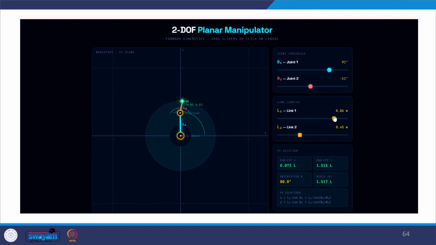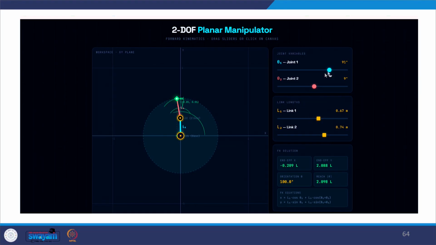We can see that the workspace size increases by changing L1 and L2. Workspace size is nothing but the maximum area which this manipulator can cover. So, this way we can write a simple Python code to do the animation of this one.